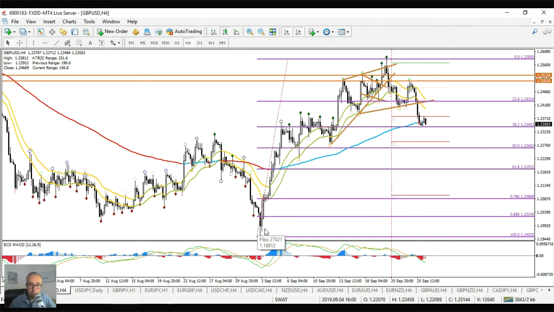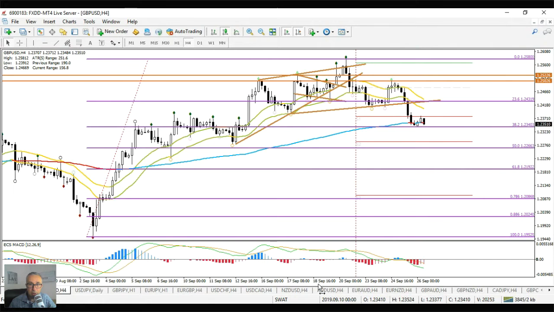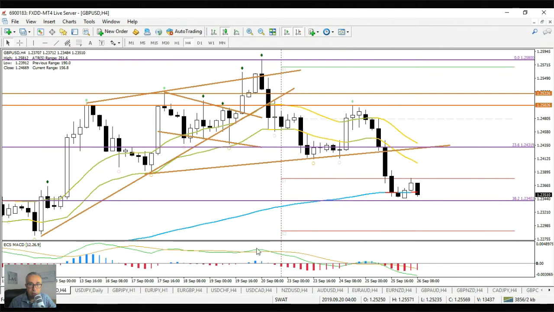So for instance, if one expects a bounce at 125.75, then waiting for this bearish candlestick pattern, this bearish candlestick here, makes a lot of sense because that kind of confirms the downside, or this pin bar, for instance, right? Or maybe this bearish candle, the second one here. So that definitely helps. It all depends on how confident one is with a certain analysis.